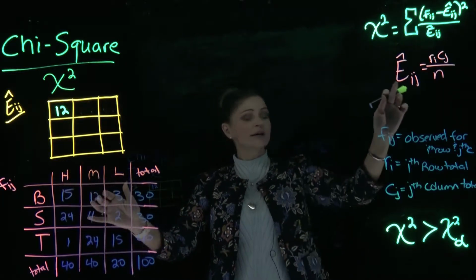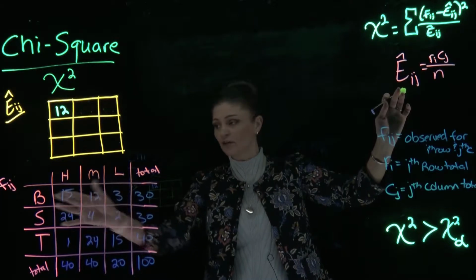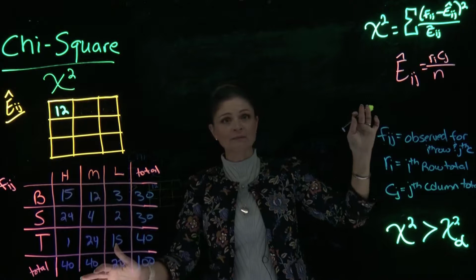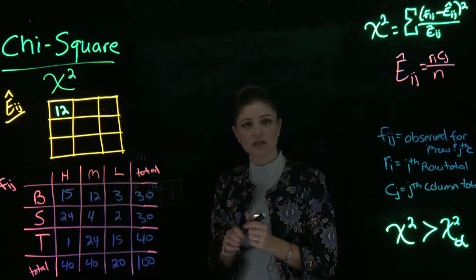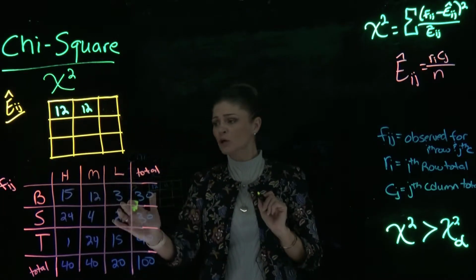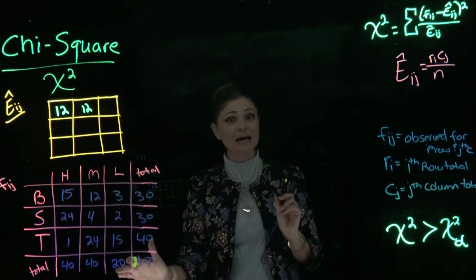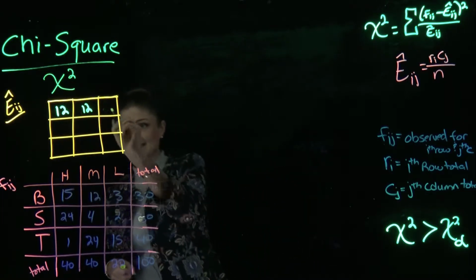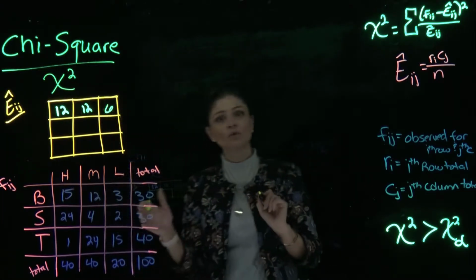So our E hat for the bond medium is going to be 30 times 40 divided by 100, which is going to give us the same 12. We're going to do the same thing for the low, which is 30 times 20 divided by 100, which is going to give us 6. We're going to repeat for all of those.